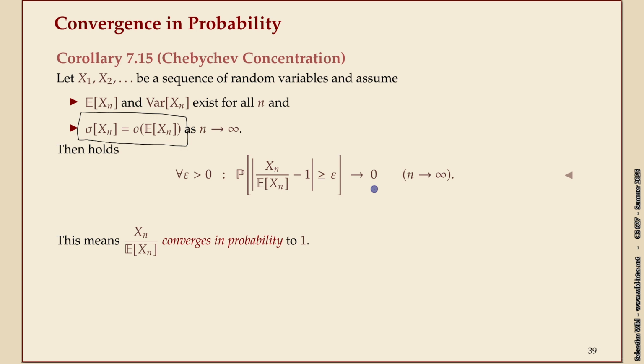It's not the strongest notion of stochastic convergence, but let's not get into that too much. At least Chebyshev's inequality is strong enough to show that if you have standard deviation smaller than the expectation asymptotically, the things will get very, very centered. You'll get closer and closer to the expected value the bigger n gets.